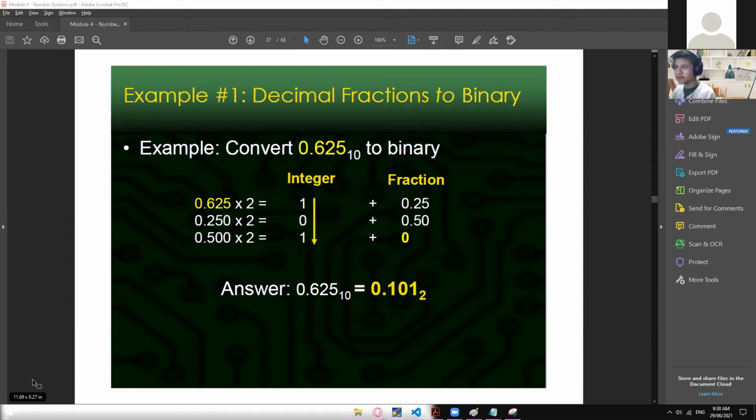So are we clear so far regarding this example, decimal fraction to binary? Again, if ever you have a question, feel free to ask me right away.